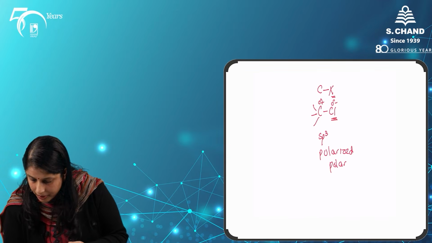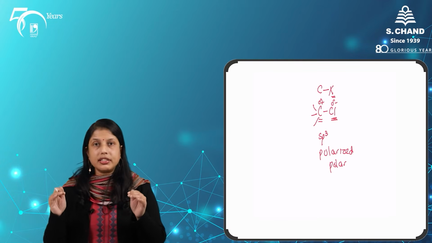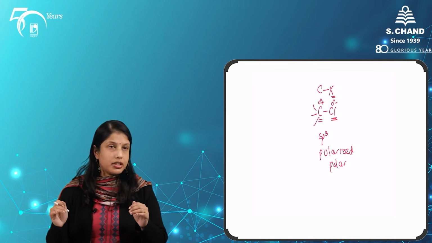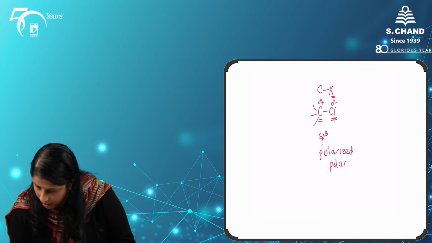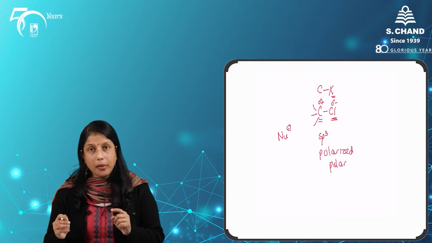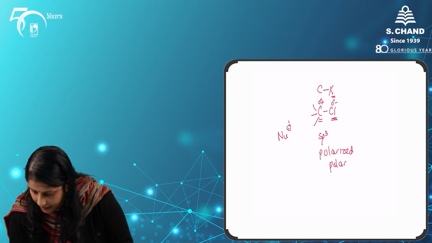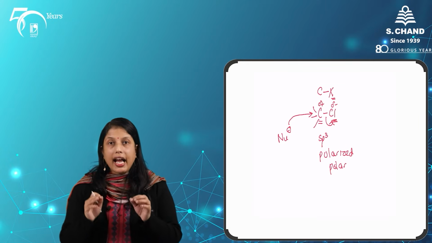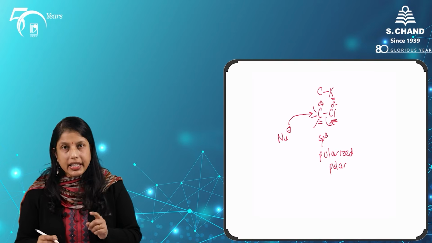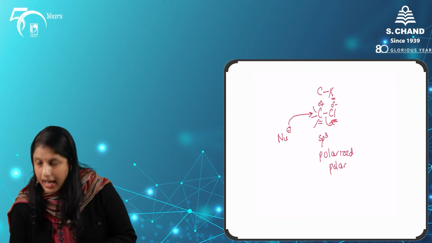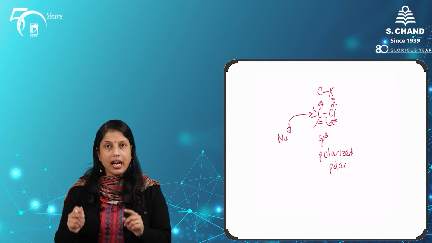Our carbon, which has a slight positive charge, is somewhat electrophilic in nature, and therefore a nucleophile can come and attack this electrophilic carbon atom. The halogen can now leave with its bonded pair of electrons as a halide ion.